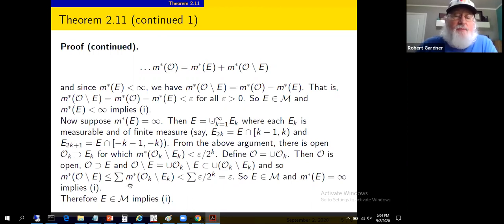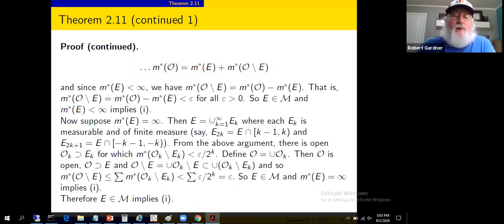So this sum from 1 to infinity is less than this sum by that strict inequality there. Oh, and this works out just fine. We've got epsilon over 2 to the k. Bring the epsilon outside the sum. You've got a geometric series, powers of a half, that sums to 1. And so we get epsilon out. And outer measure of open set minus E less than epsilon, that was property 1.